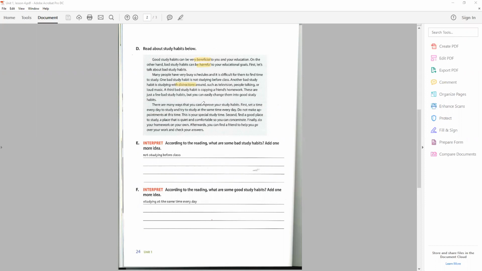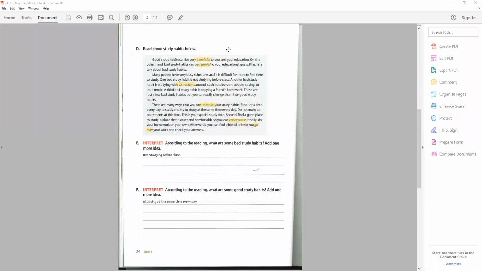This one is not italicized, but I think it's important. Improve, concentrate, and the phrase, go over. There should be 6 total. These are words that I think are really important to know before we start reading.